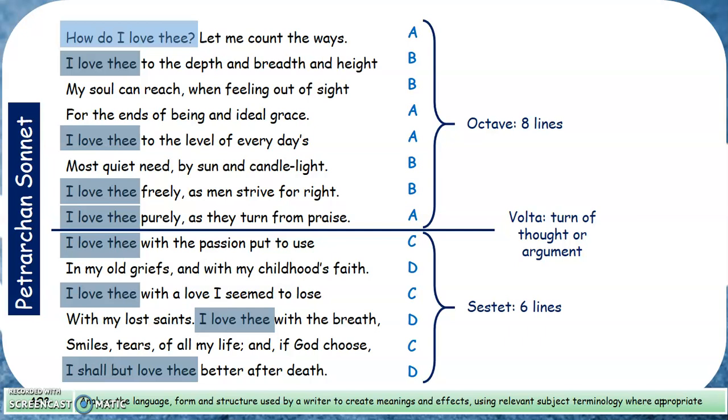And the idea of the lost saints, maybe there was a faltering in faith or religion, but this new love brings her faith back. And then you've got this idea of the breath and the smiles and life. So this love is living to her, and it would carry on after death. So she really is almost going over the top with this love, and it's almost verging on obsessive.